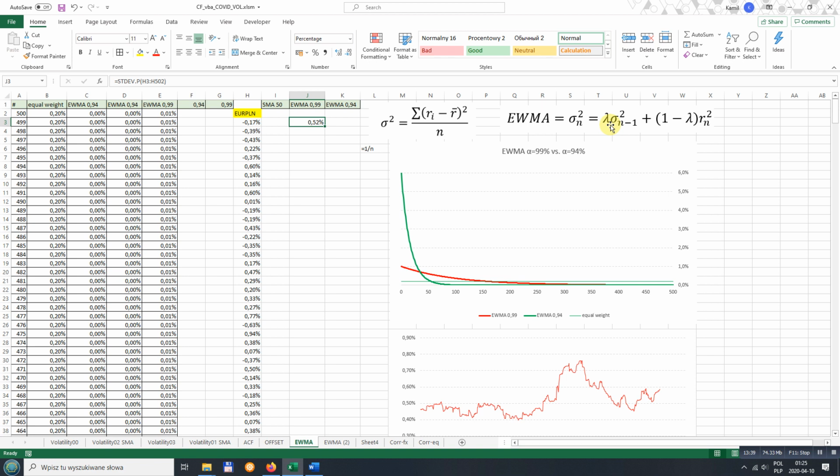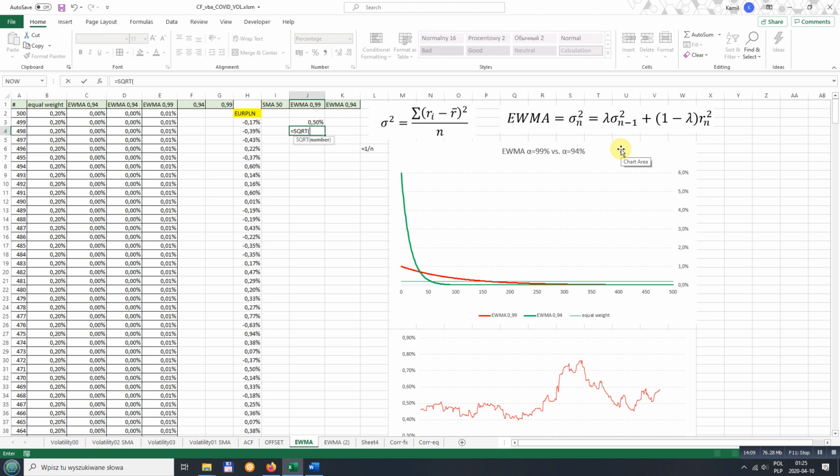It's not that important. What is important is what the next observation would be equal to. If this is a formula for variance, and you want to present standard deviation, you can start with the standard deviation and now use, let's say, lambda 0.99.